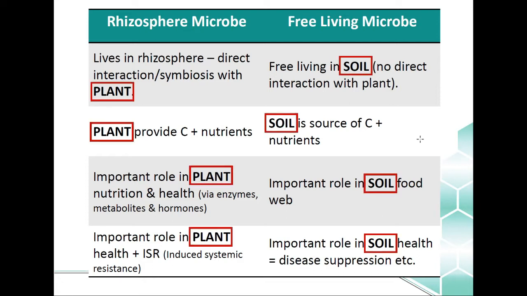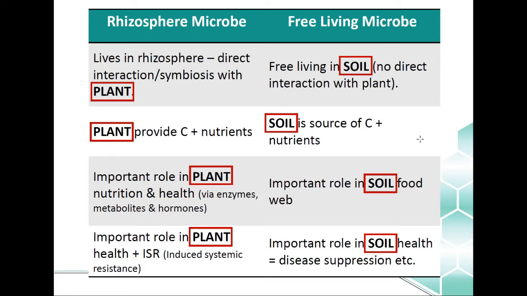So the main difference between a rhizosphere microbe and a free-living microbe in the bulk soil is its focus. A rhizosphere microbe is focused on the plant. Everything it does is to the benefit of the plant, to keep the plant in an optimal state of photosynthesis, to keep the plant healthy, to prevent pathogen infection, because only then do they receive their part of the photosynthate.